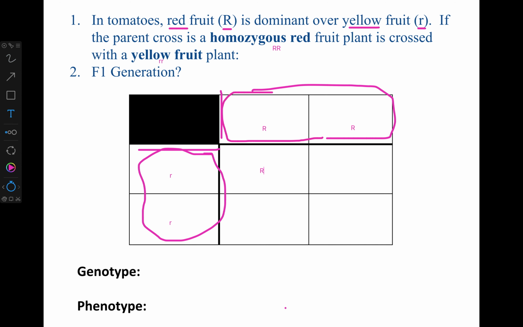So this is going to be capital R, lowercase r, and this is going to be heterozygous, and this is going to be heterozygous, and this is going to be heterozygous. We got that from combining these two in fertilization to make this potential egg. Remember that these are the egg options, these are the eggs, and these are the sperm, I guess.